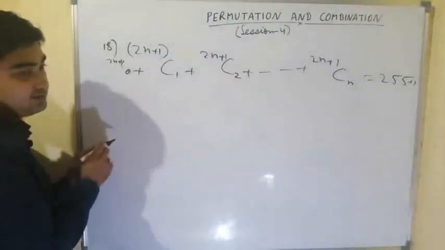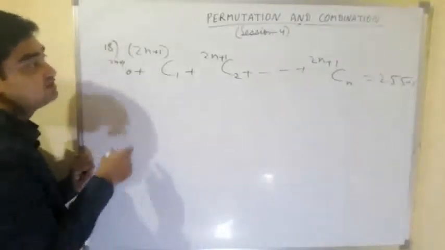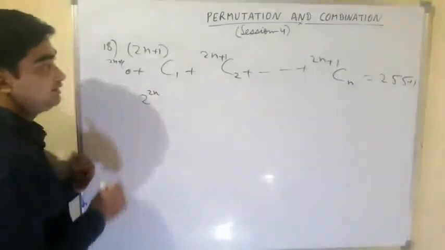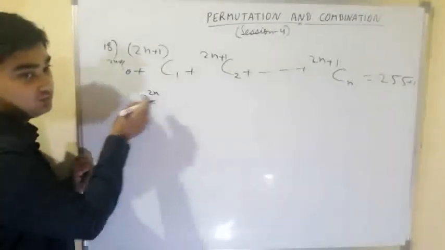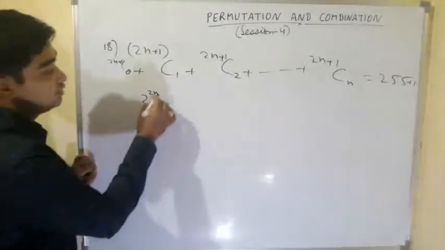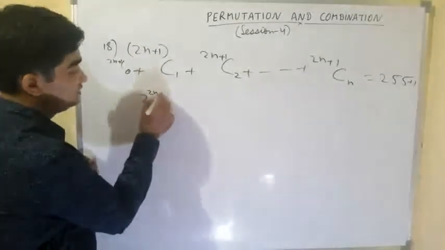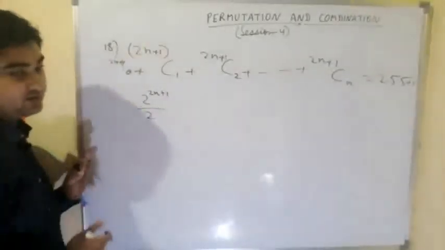Now the left hand side, we already studied in session 1 and session 2, is equal to 2 power 2n plus 1 divided by 2, because half of the terms you are taking.